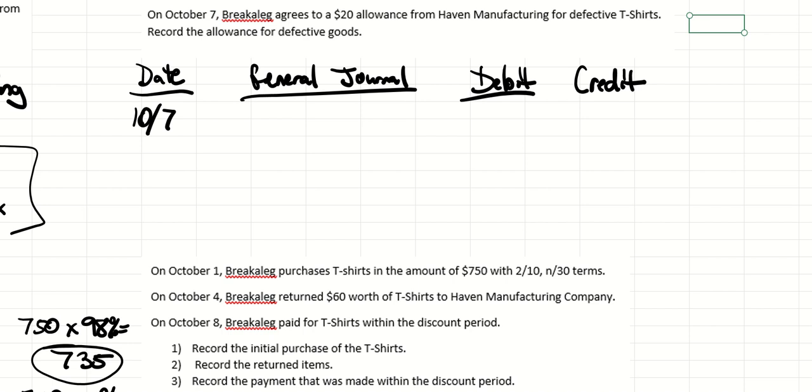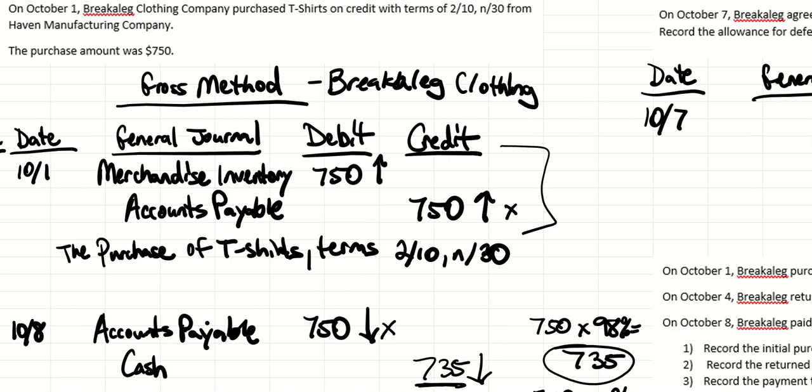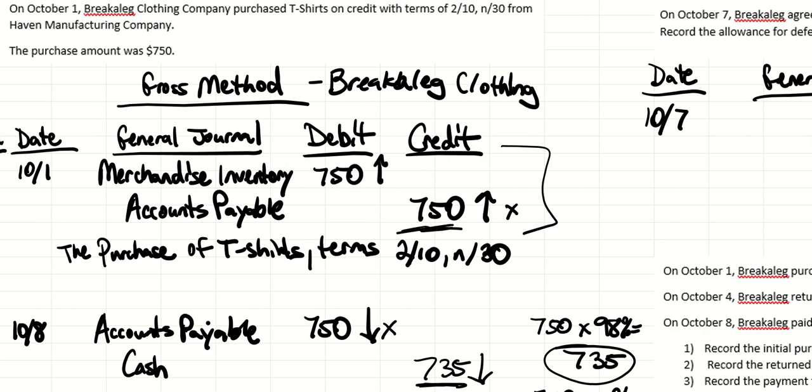So what this is going to do for Break a Leg is reduce their liability. What they actually owe is going to be reduced. So from $750 here, it's going to be reduced by $20.